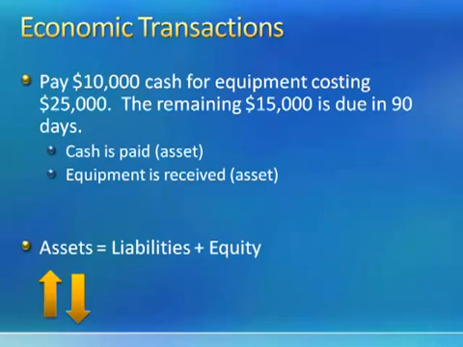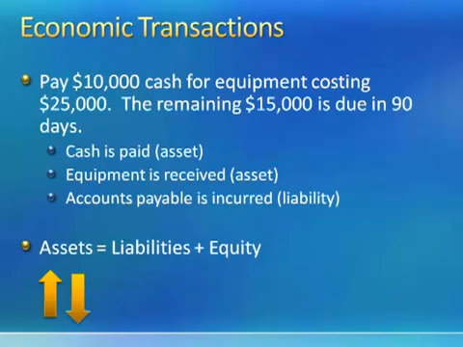So we have a different asset going up, but we owe $15,000 in the future. Since we have to pay $15,000 in 90 days, we have a liability or an account payable, so our liabilities are increasing. We've got one asset, equipment, increasing by $25,000, cash decreasing by $10,000, and our liability increasing by $15,000.